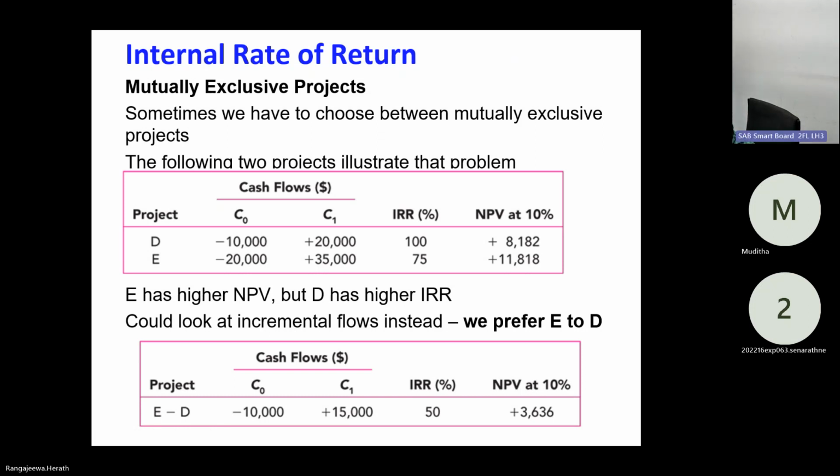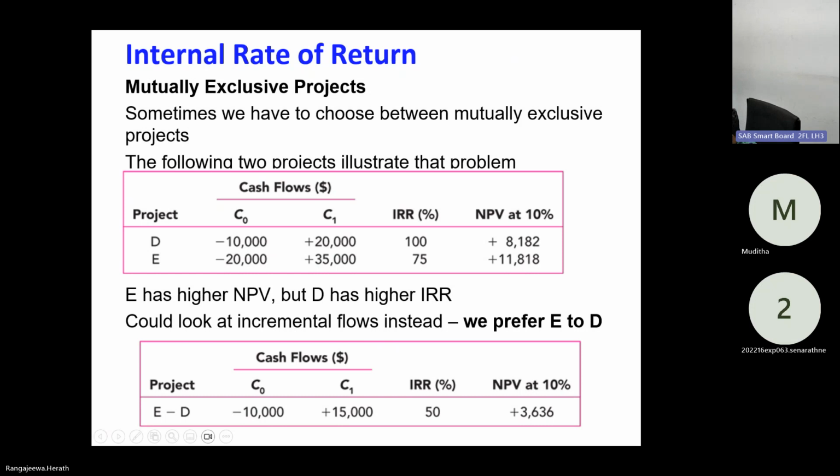Even though both projects are giving positive NPVs, assume they are not mutually exclusive also. It's like you are evaluating opening new branches. You are currently located in Colombo. You are planning to start new branches, one at Galle, the other at Kandy. Starting the new branch at Galle requires 10 million initial outflow, Kandy 20 million.